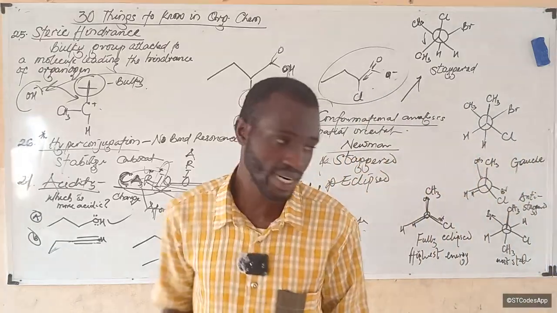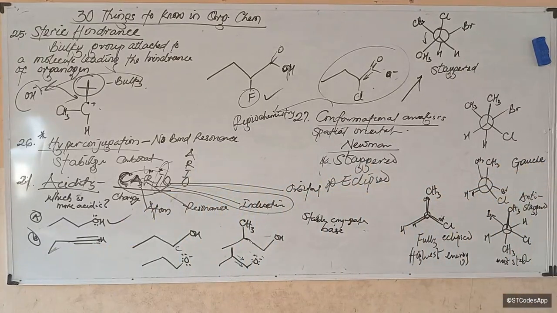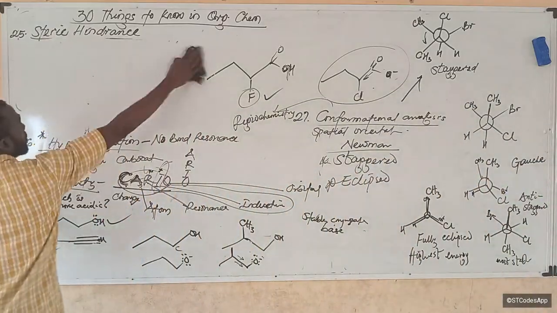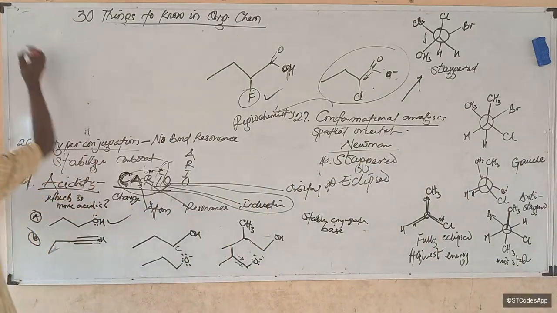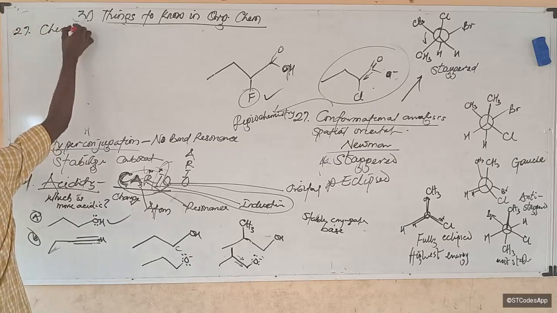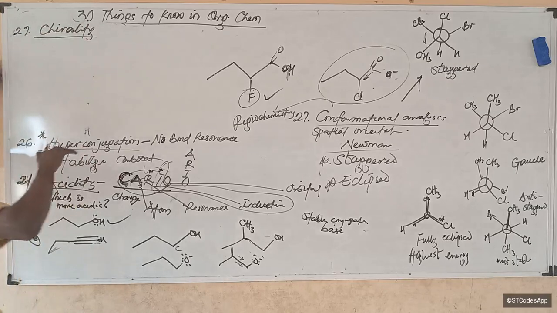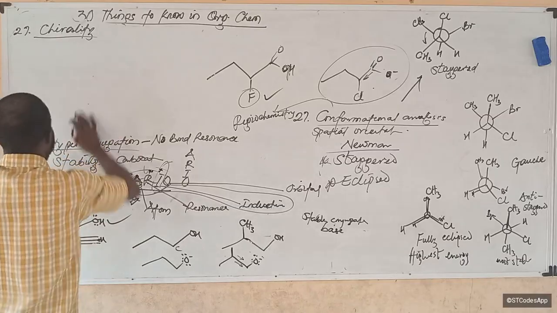Let's quickly talk about chirality. Question number 28. Chirality. So chirality is just about the possession of 4 bonds.